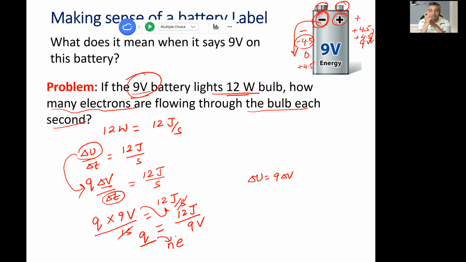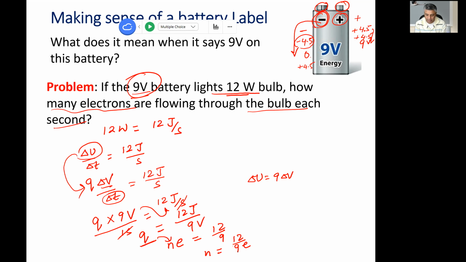Remember, when current is flowing through the wire, it means it's the electrons that are moving. Okay, in a solid, it's the charge that's moving, meaning electrons that are moving. So I can write N times E, and this is going to be 12 over 9. So now what is the number? It's going to be 12 over 9, and now this E goes there.